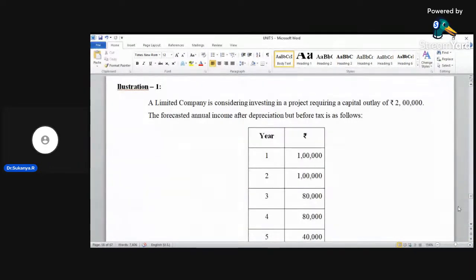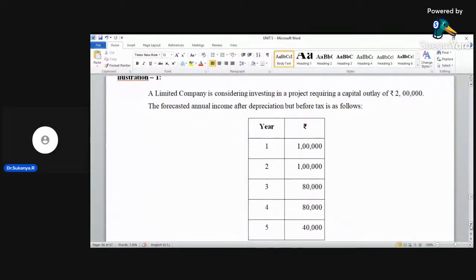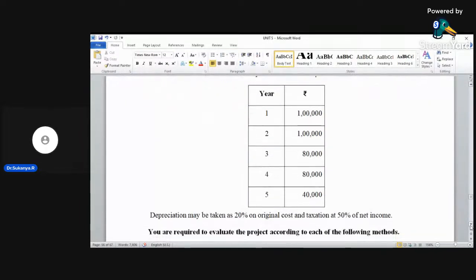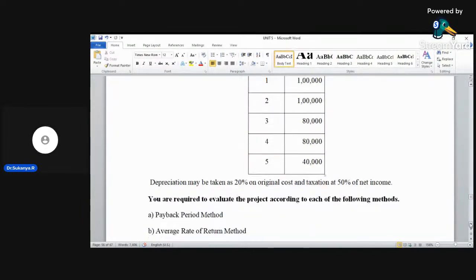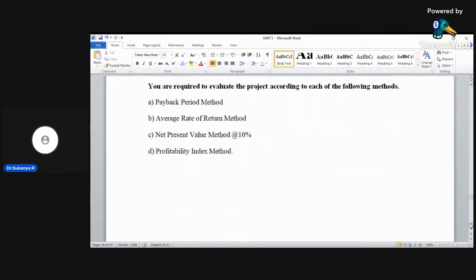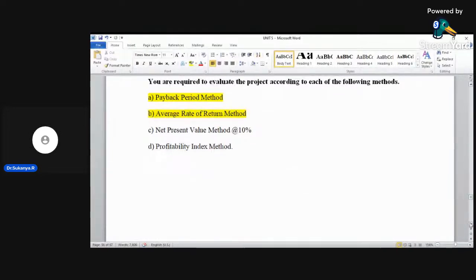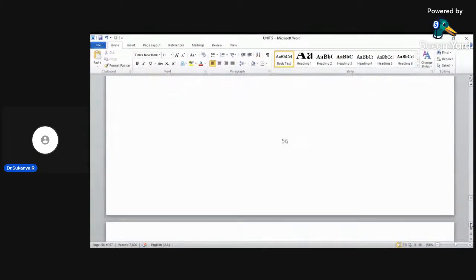Yes, this problem. Now they have given you the cash inflows. They've given you that the depreciation is 20% and taxation is 50% of net income. You have to find out payback period, ARR, NPV, profitability index. But we will just work out payback period and average rate of return since we have learned only those two methods.